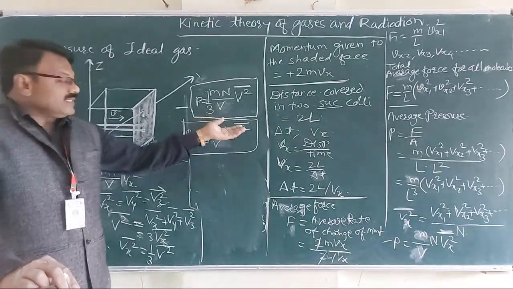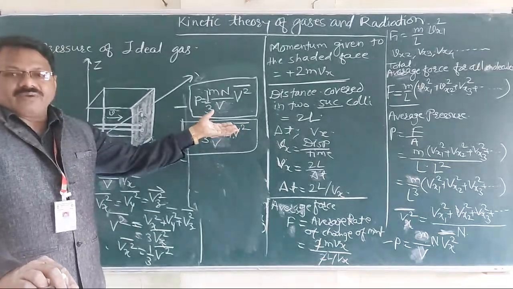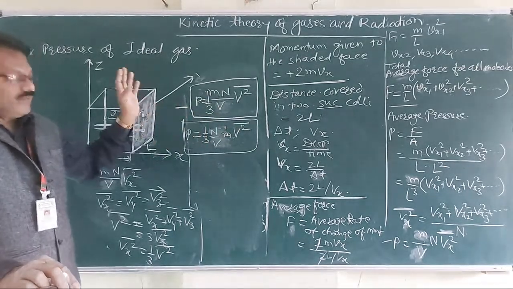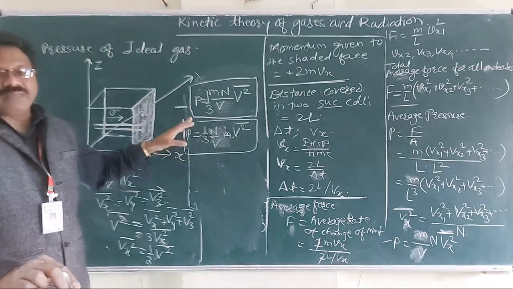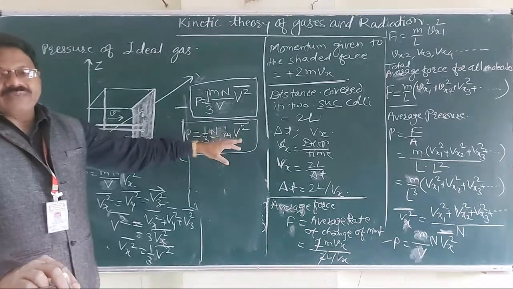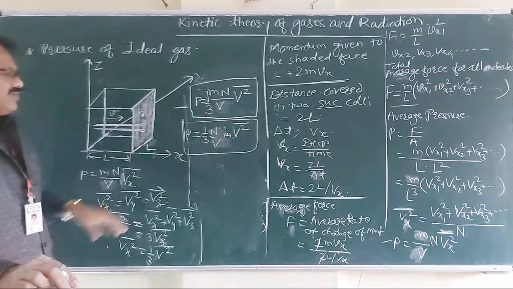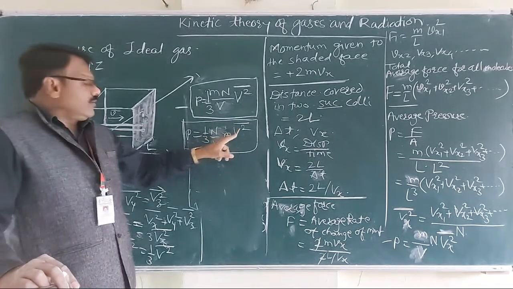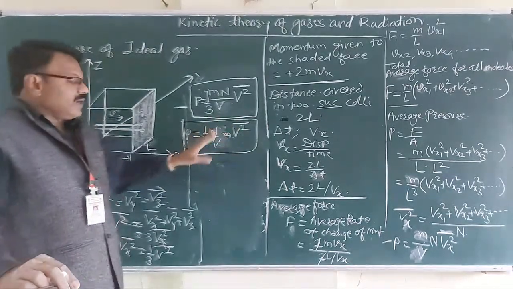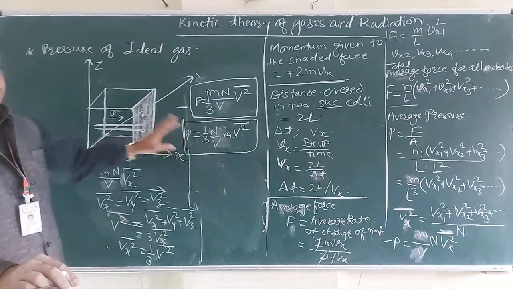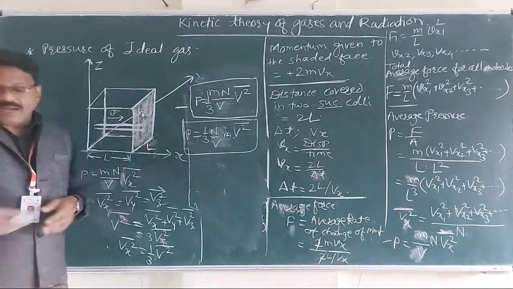Squares of velocity चा mean जो आहे त्याला काय म्हणतो आपण, mean square velocity or mean square speed. तर squares of speed जो आहे त्याचा mean जो आहे तो काय देतो आपल्याला, V square bar अशा पद्धतीने मिळेल. And this is the pressure exerted by the ideal gas.